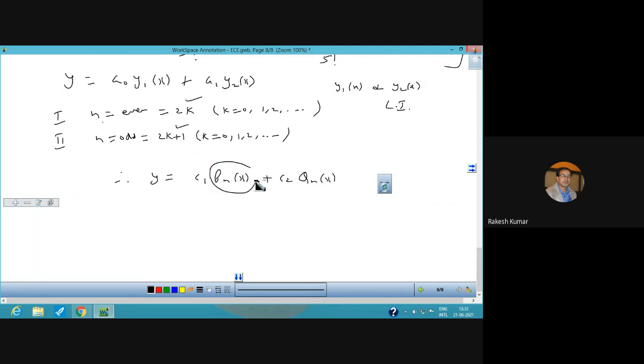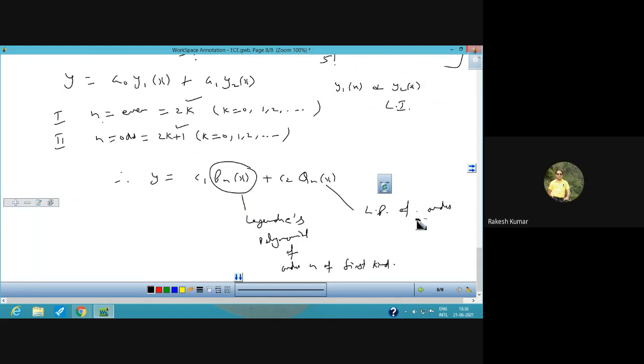And this Pn(x) is known as Legendre's polynomial of order n. And this Qn(x) is known as Legendre function of order n of a first kind. This is important. First kind. And this will be Legendre function of order n of second kind.